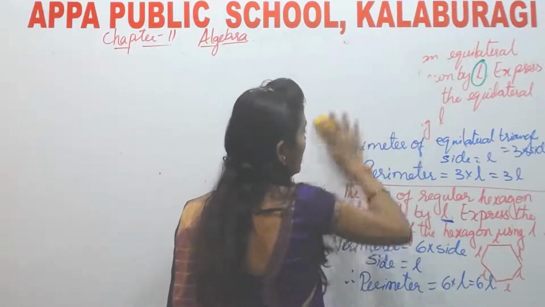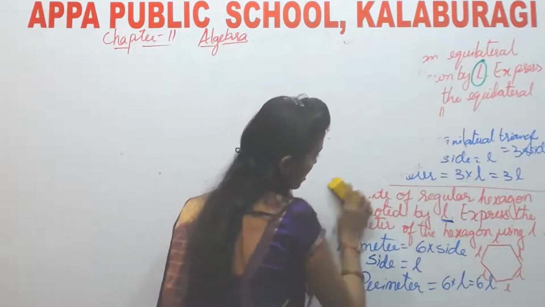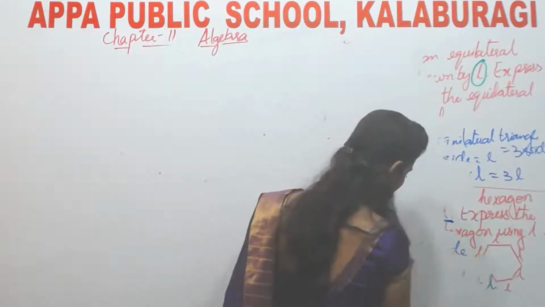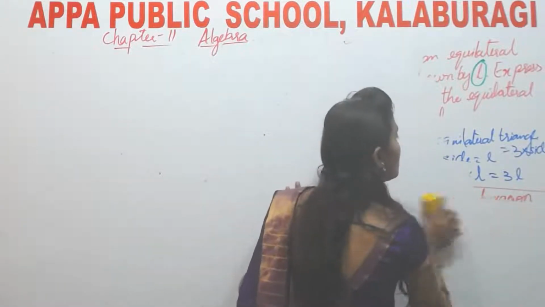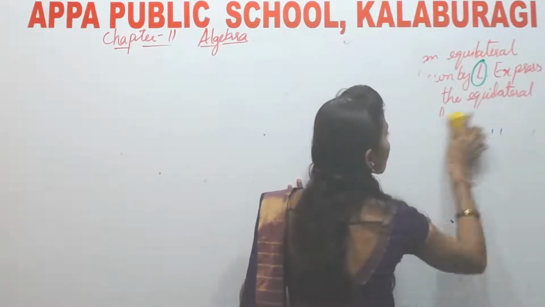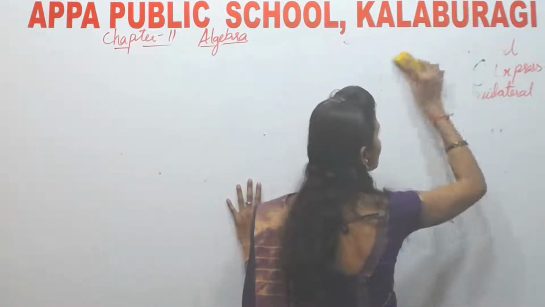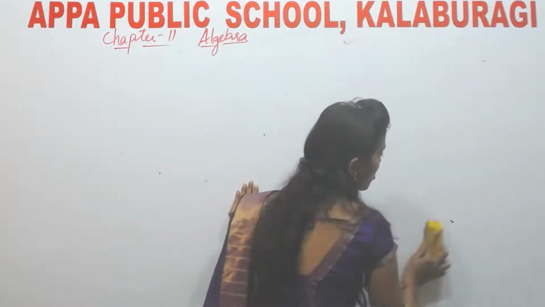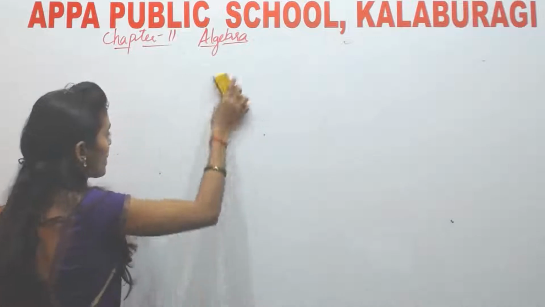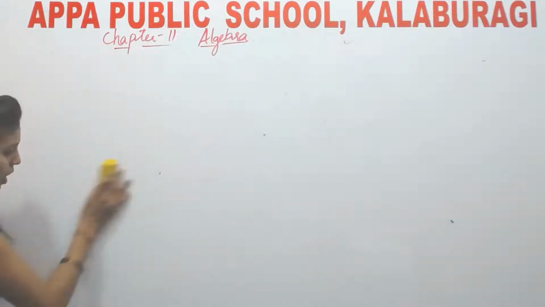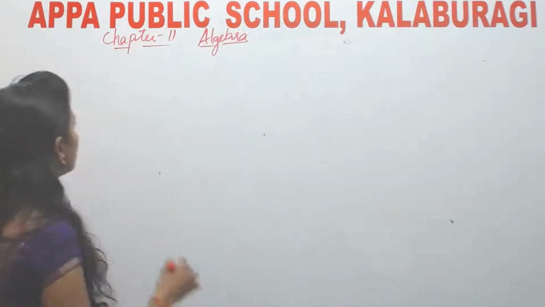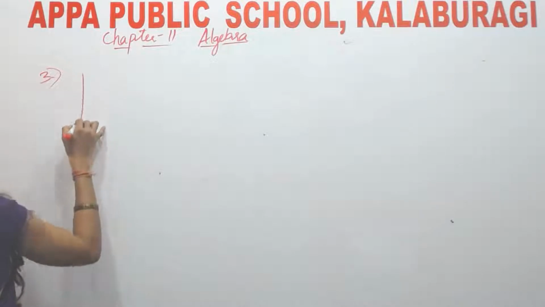Count. In a cube, there will be 6 squares. Each square has 4 sides, but all 6 squares are not separate. They are joined together, means their sides are also common for two faces. Right? So total how many edges will be there? How many vertices will be there? Third one, cube.